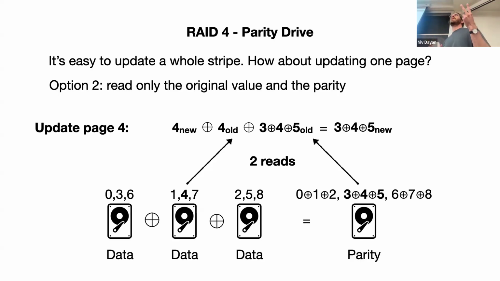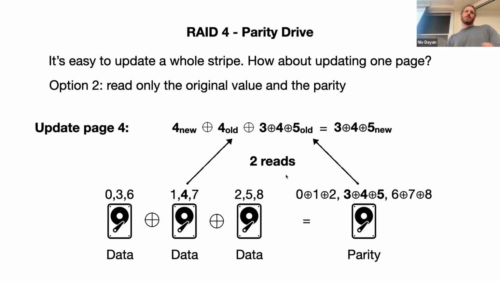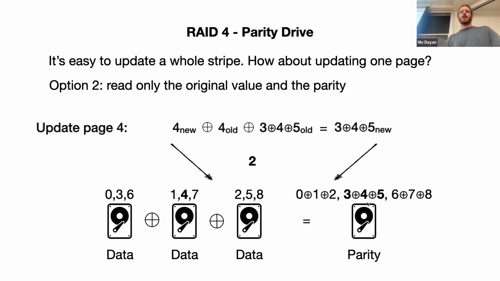How many reads do you have to do, and how many writes do you have to do? 2 reads, 2 writes. Yep, exactly. I guess this slide probably gave it away. You have to do 2 reads here: a read to the original drive and the parity drive, and then 2 writes, one to the drive you're trying to modify, and one to the parity drive.